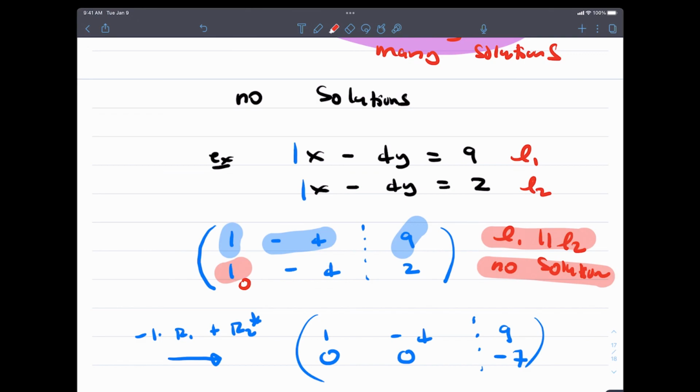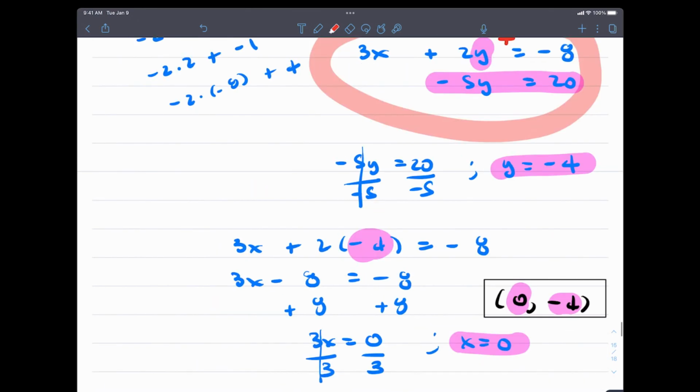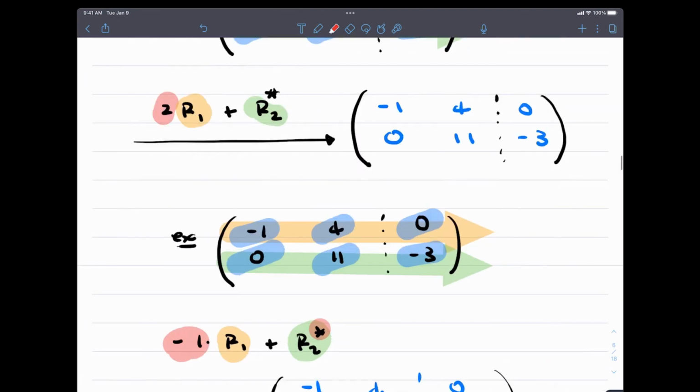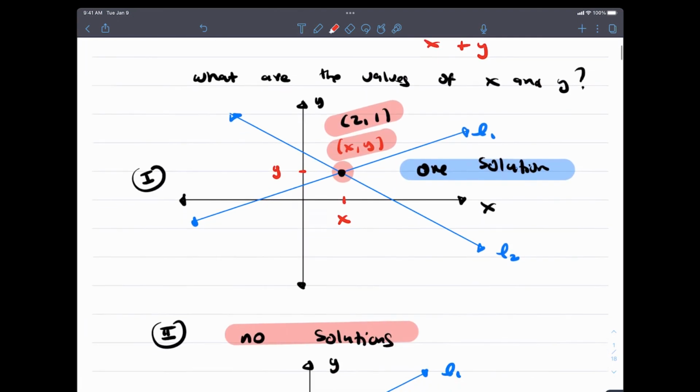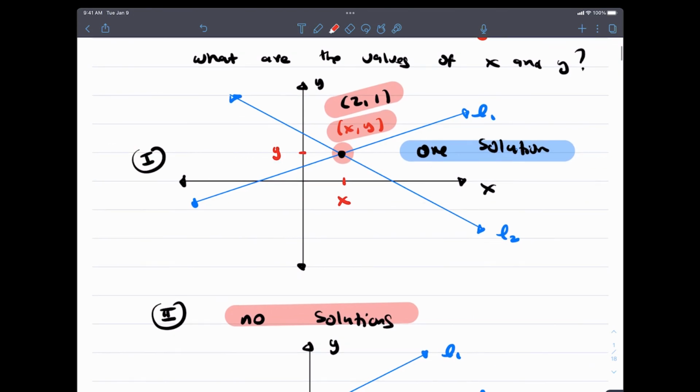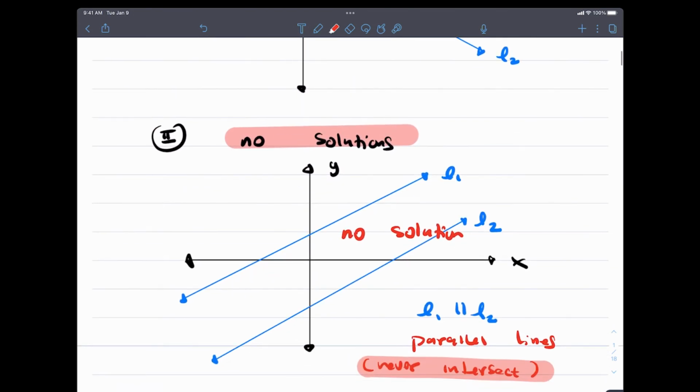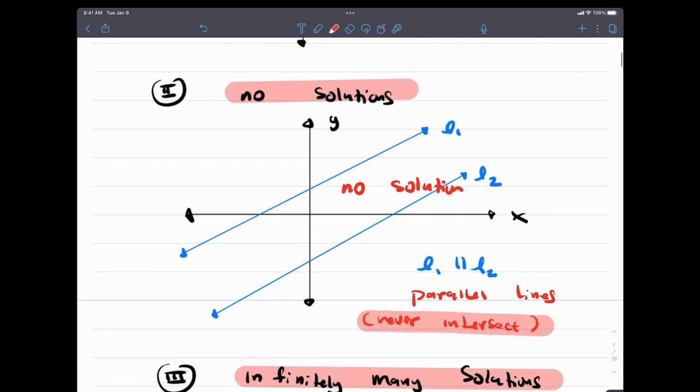So go back to what I said originally: 3 situations. You have a single solution. We've seen a bunch of examples. This is no solution, when your lines are what? Parallel. They never intersect. They never cross.